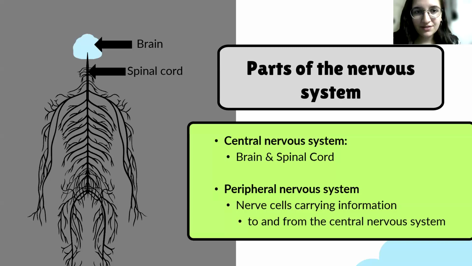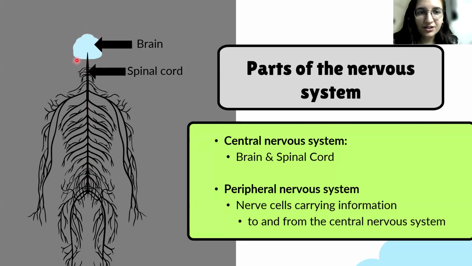So let's dive deeper. Again, here's the brain. This is not the best picture, but it is very simplified, very easy to understand, and you can search more pictures at your own sweet time. Let me take my laser pointer. This is the brain, and this right here is the spinal cord. The parts of the nervous system are divided into two. The central nervous system, which is very easy to remember, the brain and the spinal cord.